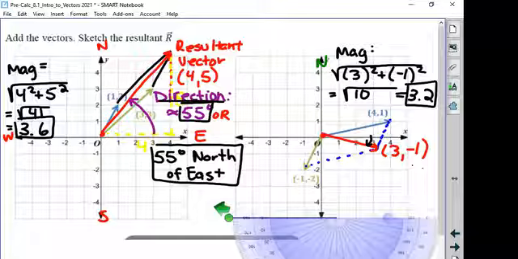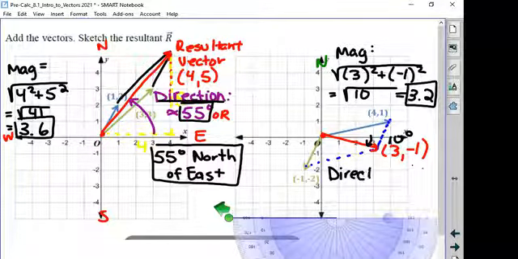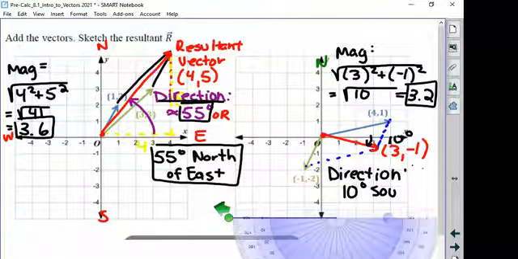So if you want to approximate the degrees, that's okay as well. But it should be about 10 degrees. So the direction we can say is 10 degrees south of east.